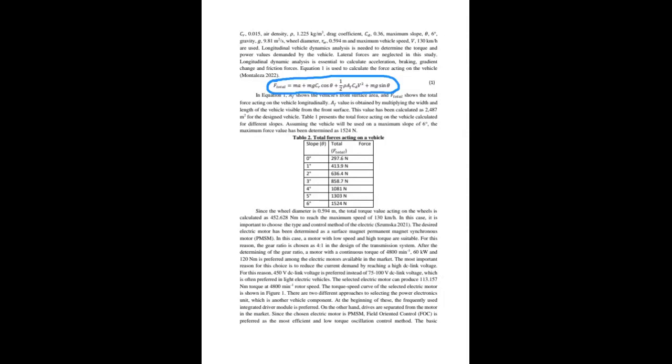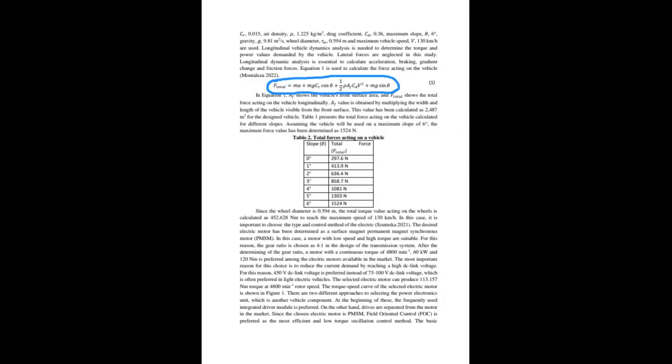First criteria, m a. We know vehicle mass, you select it. a, alpha, you know, acceleration. And then m g C_r, we selected C_r 0.015. You can use these parameters. Cos theta, theta is your slope. 1 over 2 rho, rho is your air density.